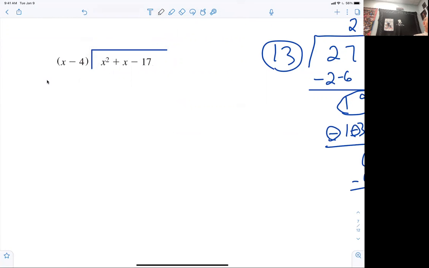The first thing we're doing is we always take the first number inside and the first outside, and you're literally just dividing. X squared divided by X. What is that? X. Brilliant. Now, the X doesn't go over the X squared. It goes over the X. So I put an X right here.